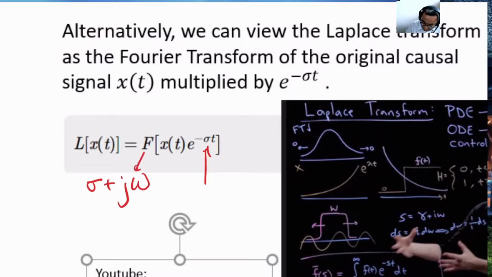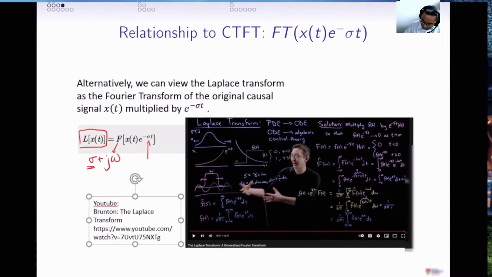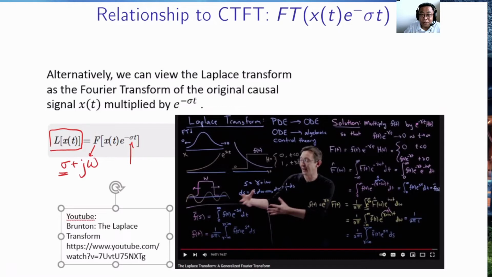Because Fourier deals with jω, all we need to do is to multiply the signal by e^(-σt), and when we take the Fourier transform, it is equivalent to the Laplace transform. So please go through this video, and it will bring you a lot of insight into the Laplace transform.